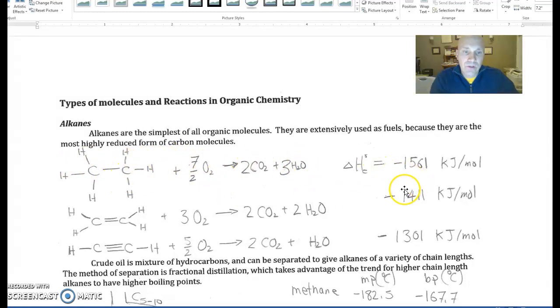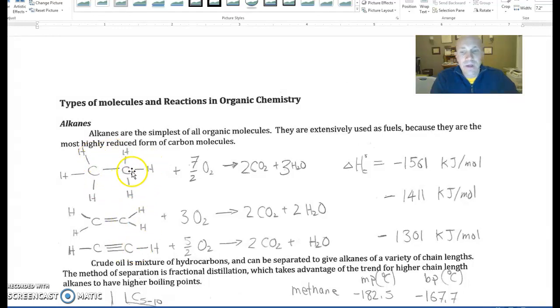But because we do this, we can list the enthalpy of combustion per mole of this starting material here. And what you can see here is that when you compare the enthalpy of combustion, which is essentially just a measure of how much heat is given off when you burn these things, there's going to be more heat given off when you burn an alkane versus the alkene or the alkyne that directly corresponds to the alkane.